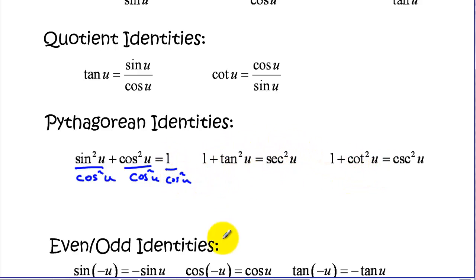So this other identity that I have here is a version of the same Pythagorean identity. And again, if we divided everything by the sine squared all the way across, we would get this identity. So these are all the Pythagorean identities.